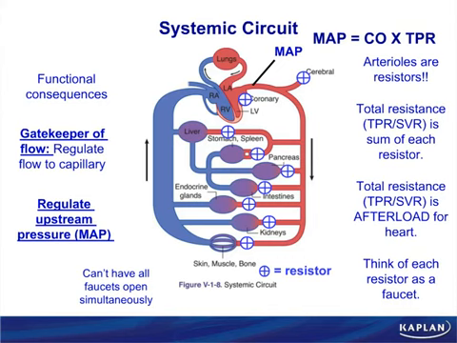So think of all of these little arterioles in each vascular bed as representing a faucet. So the heart or the brain, for example, or the kidney, think of them as grocery delivery.